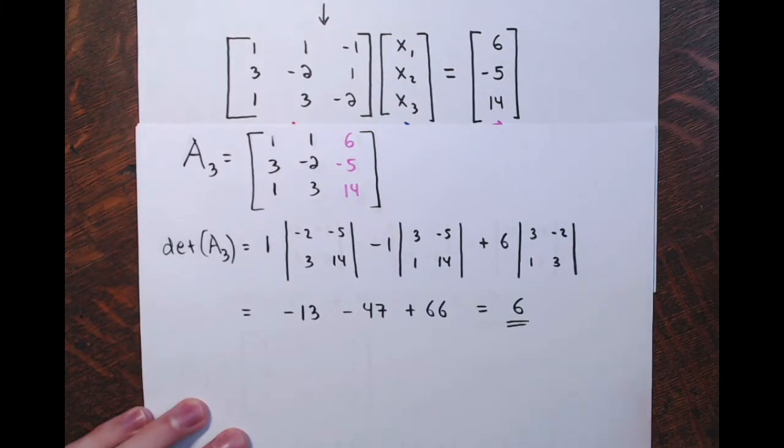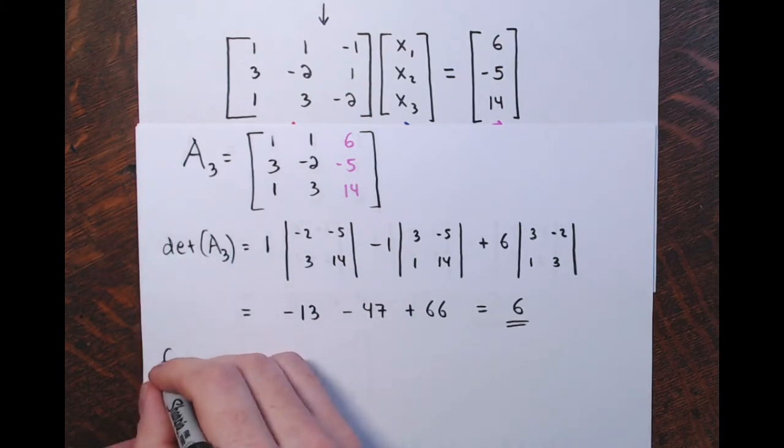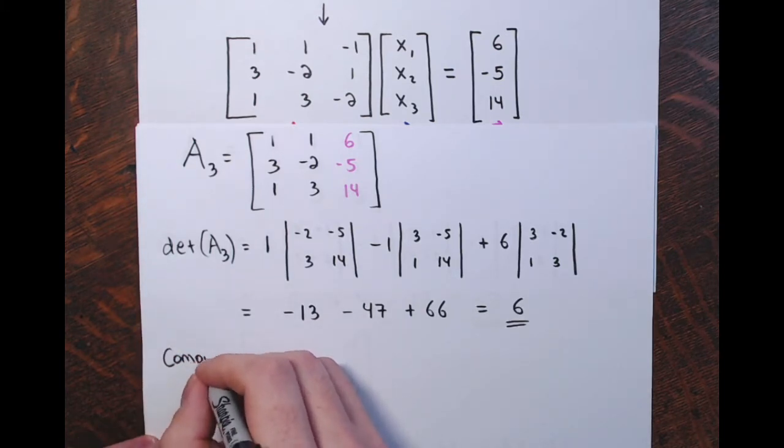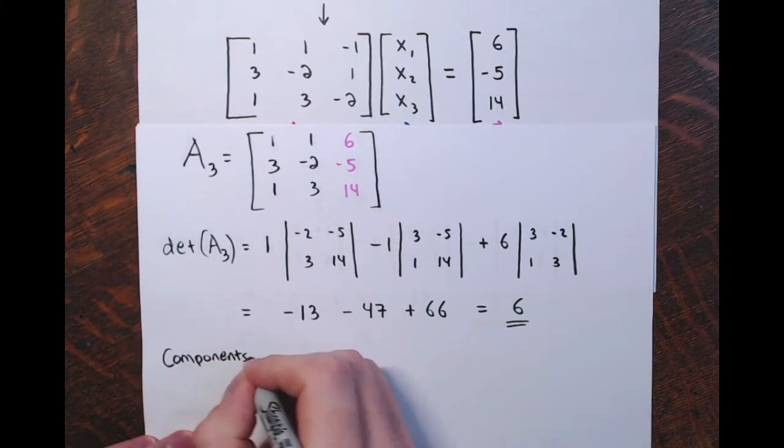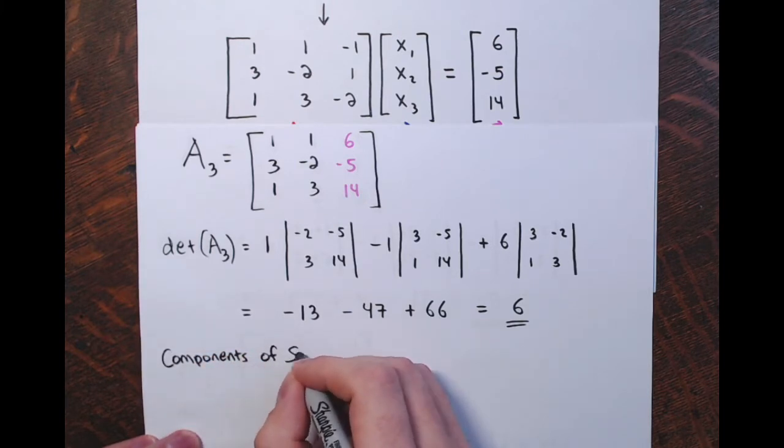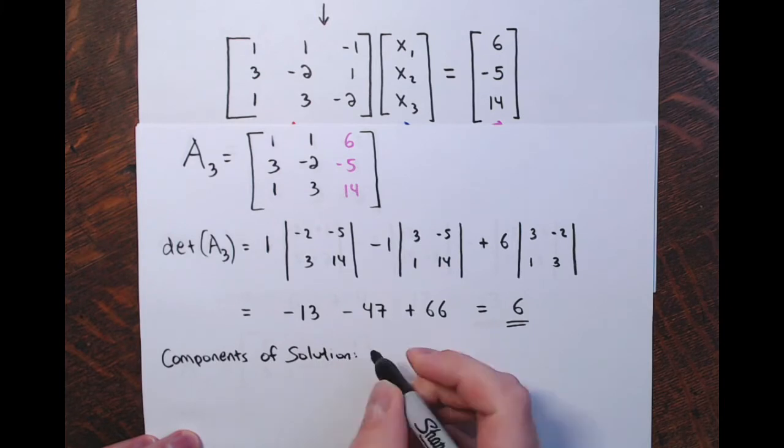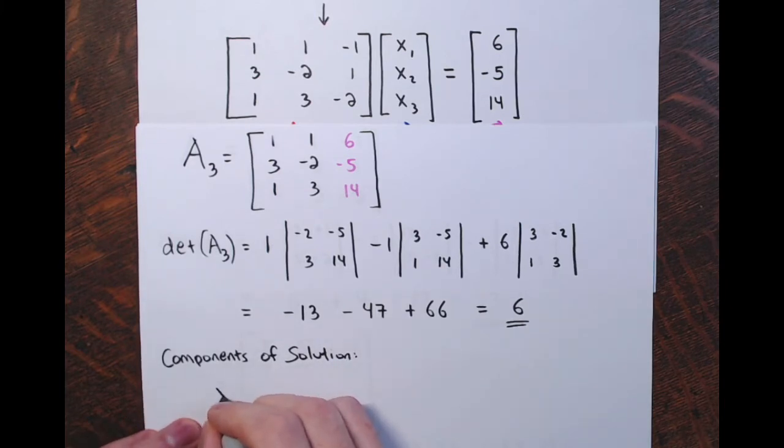All right, so doing cofactor expansion across the top row again, I got the determinant of A3 is 6. All right. So now finally I can find the components of the solution and then state the solution. All right, so the components of the solution, we have x1.